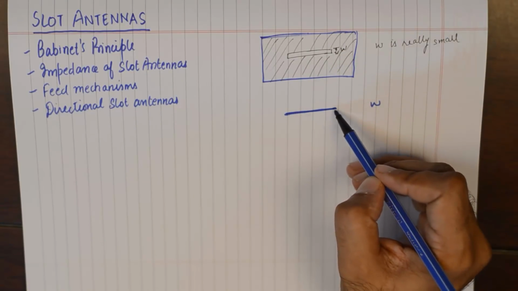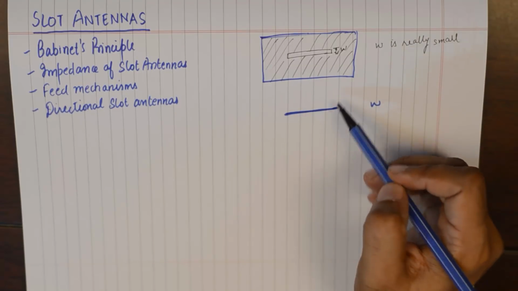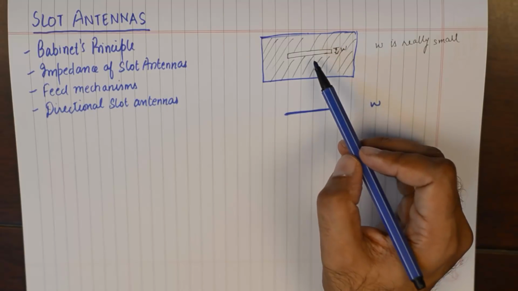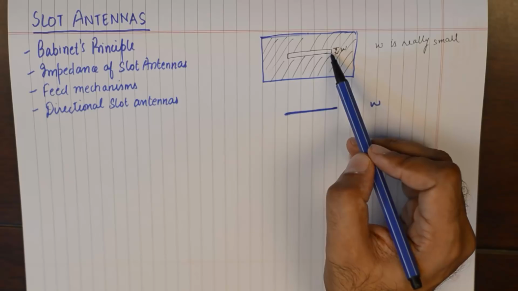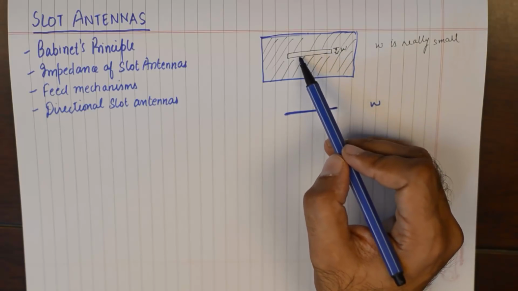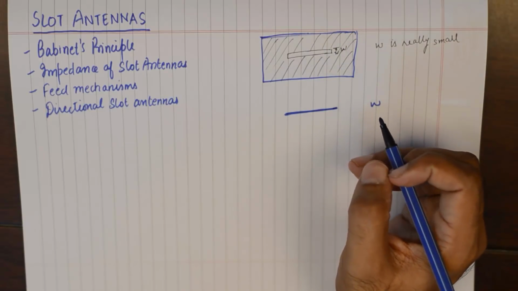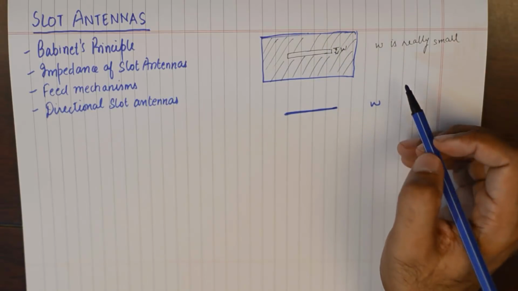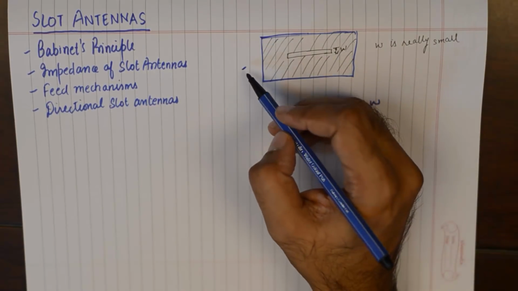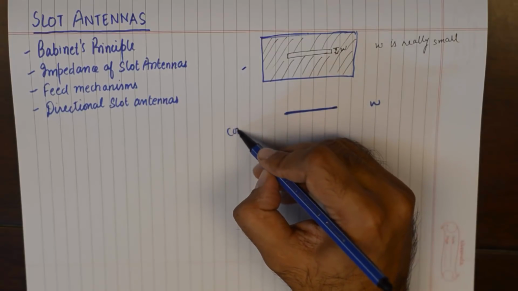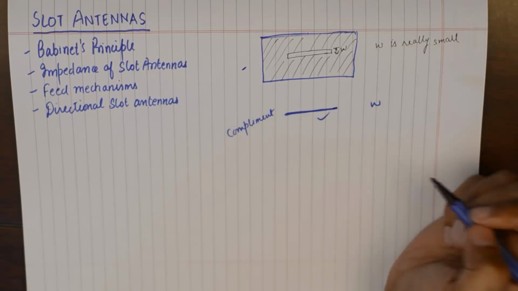This wire is a conducting wire and it has a perfect dielectric around it. On the other hand, here we have a perfect dielectric slot of air surrounded by a perfect conducting material. So this thing is exactly the complement of this thing.